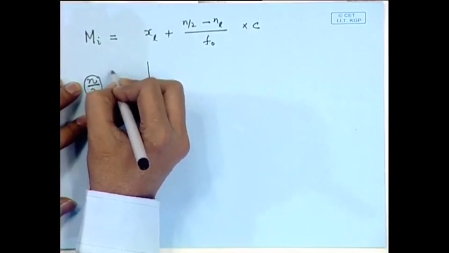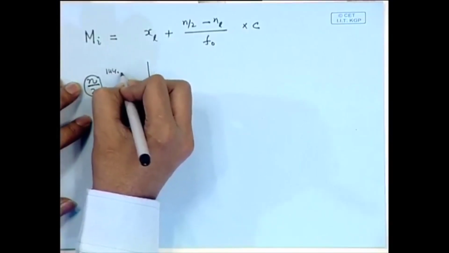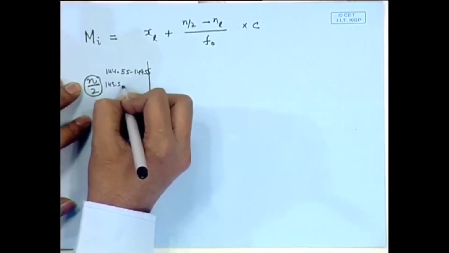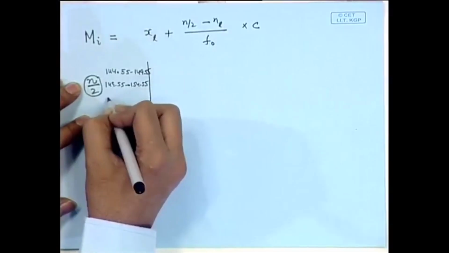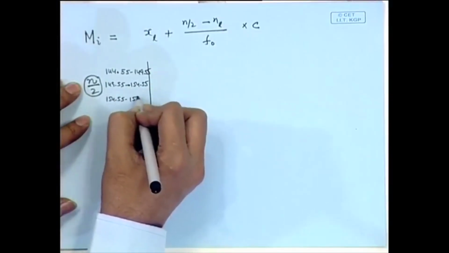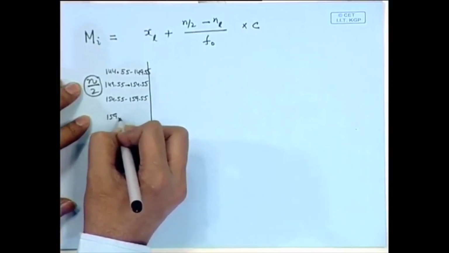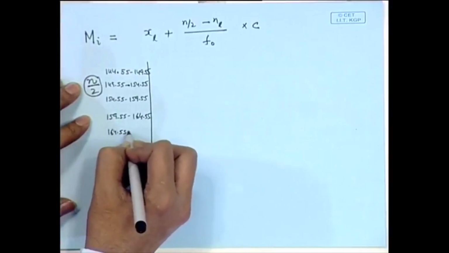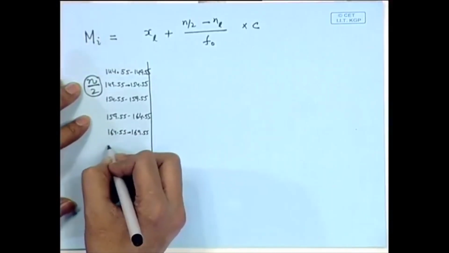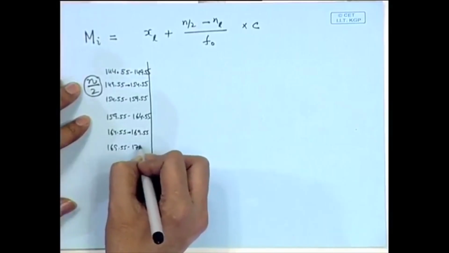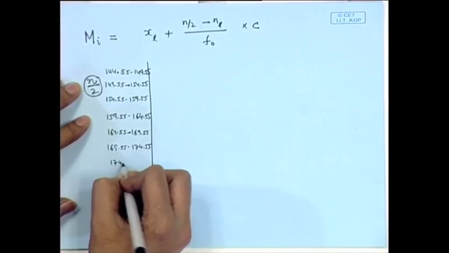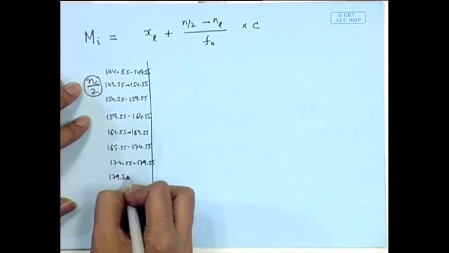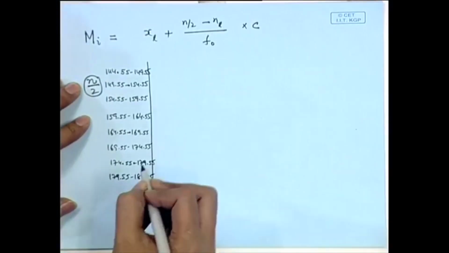The frequency distribution is given in this form: 144.55 to 149.55, 149.55 to 154.55, 154.55 to 159.55, 159.55 to 164.55, 164.55 to 169.55, 169.55 to 174.55, 174.55 to 179.55, 179.55 to 184.55.